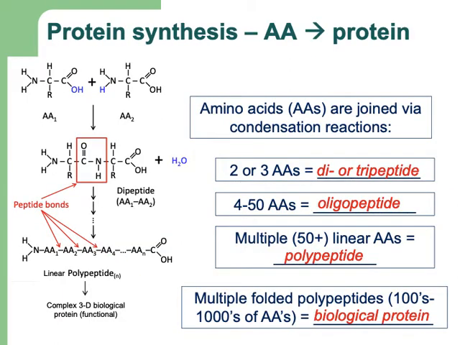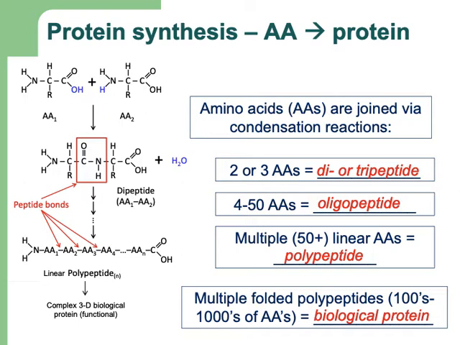To refresh our memory on the unit of biomolecules, we will recall the linkages between amino acids and what molecules they form. Amino acids, again, are joined via condensation reactions, forming peptide bonds. When we have 2 or 3 amino acids together, we have either a di, meaning 2, or a tri, meaning 3, peptides linked together.